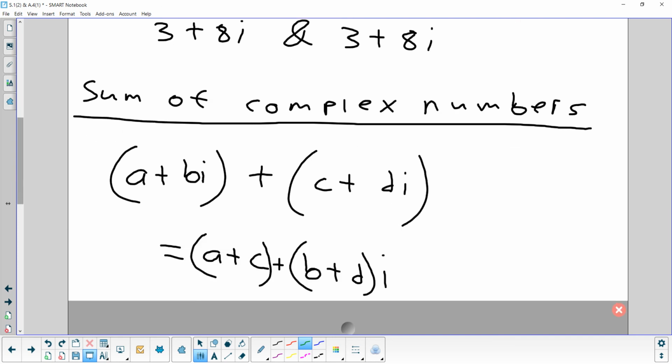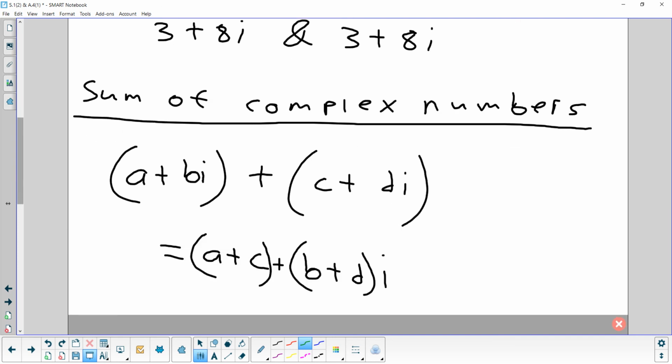If you want to add two complex numbers together, you can add the real part of the first one to the real part of the second one. Those can be combined. And you can add the imaginary part to the imaginary part. And that's it.